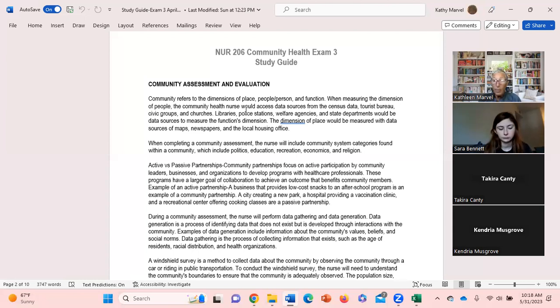That's having a direct impact. Okay, versus a passive partnership. That may be a focus group or a team that's working on planning and building a new recreation center. Yes, it's a partnership, but it's in the background and things are being planned long term. Does that make sense? So you need to know the difference between an active and a passive partnership.